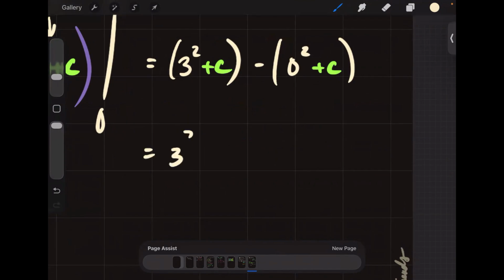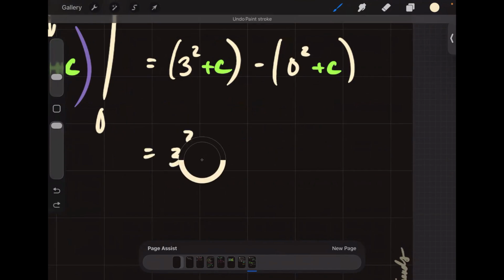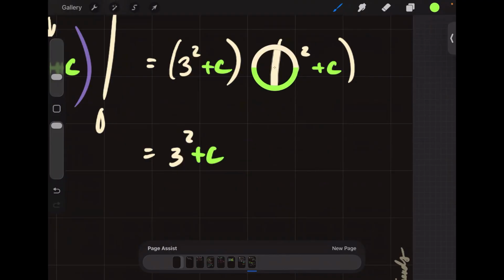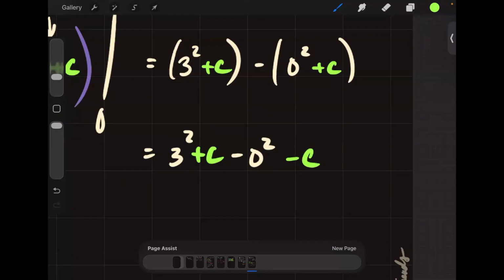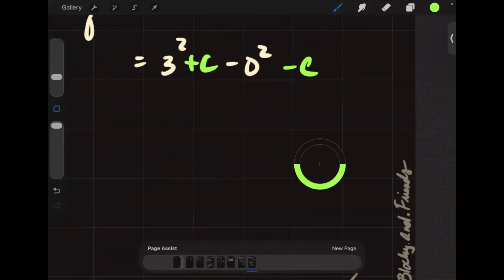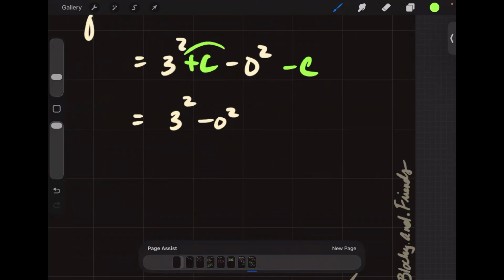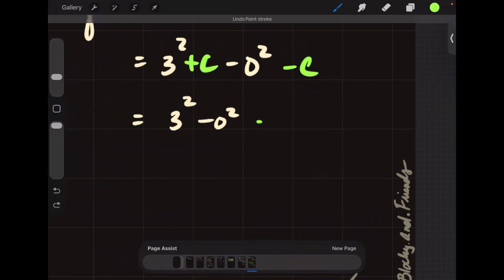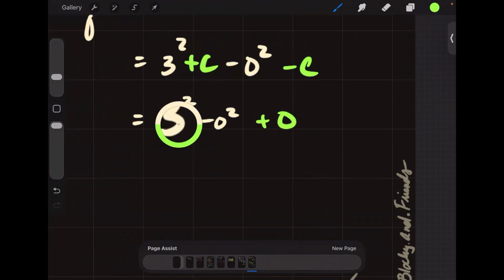It's going to give you 3 squared plus c minus 0 squared minus c. I'm so sorry, right? But oh, look, these two c's cancel out, which is just going to be 3 squared minus 0 squared. And then you can simplify it, right?